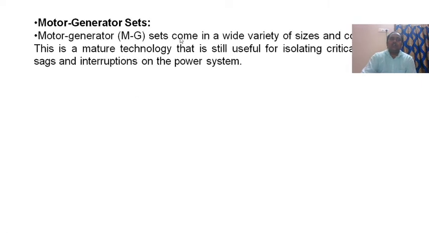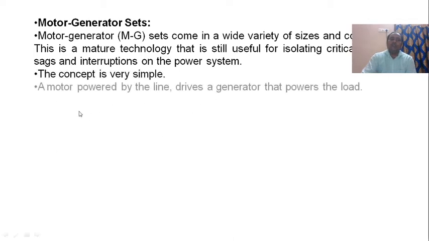Motor generator sets. Motor generator sets come in a wide variety of sizes and configurations. This is a mature technology that is still useful for isolating critical loads from sags and interruptions on the power systems. The concept is very simple: a motor powered by the line drives a generator that powers the load.